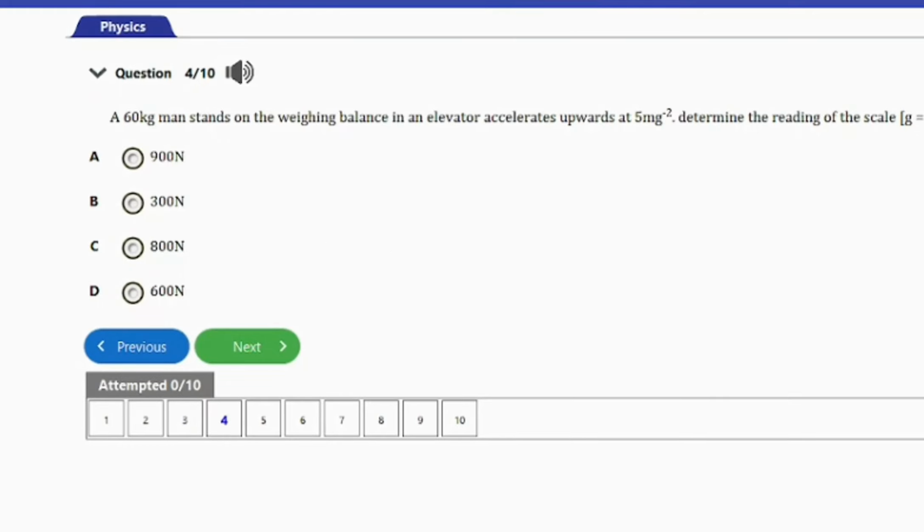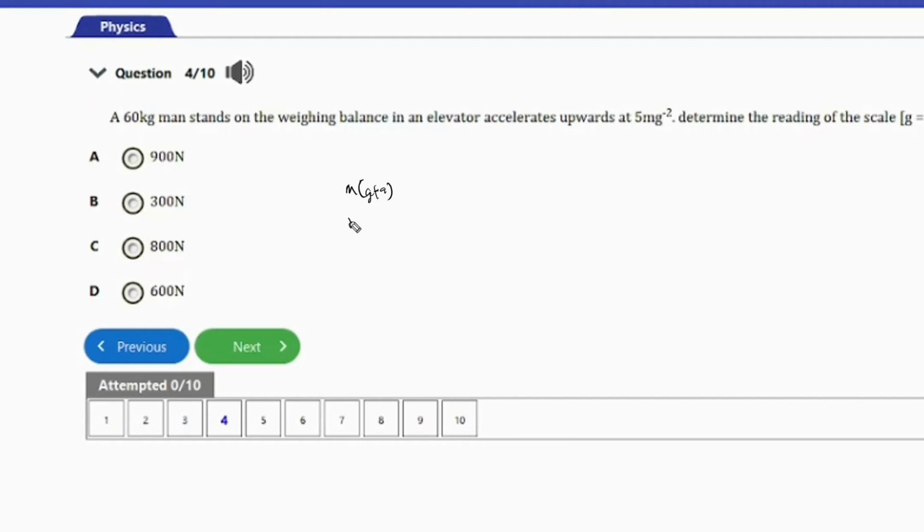Alright, so guys, the next question we have here is question number 4. It says, a 60 kg man stands on the weighing balance in an elevator accelerating upwards at 5 meter per second squared. Determine the reading on the scale. So guys, the scale reading will be equal to the mass into the acceleration due to gravity plus the linear acceleration here.